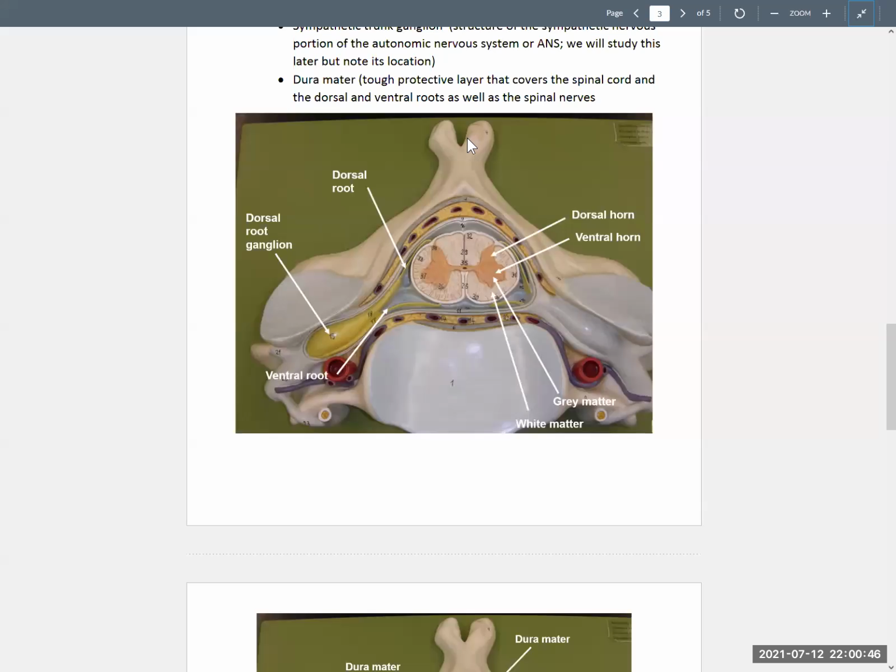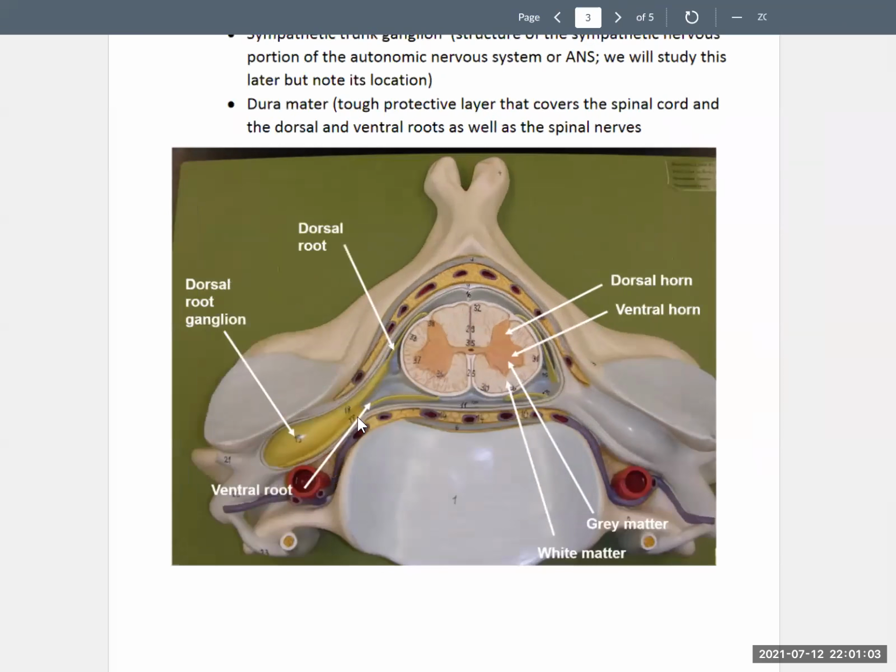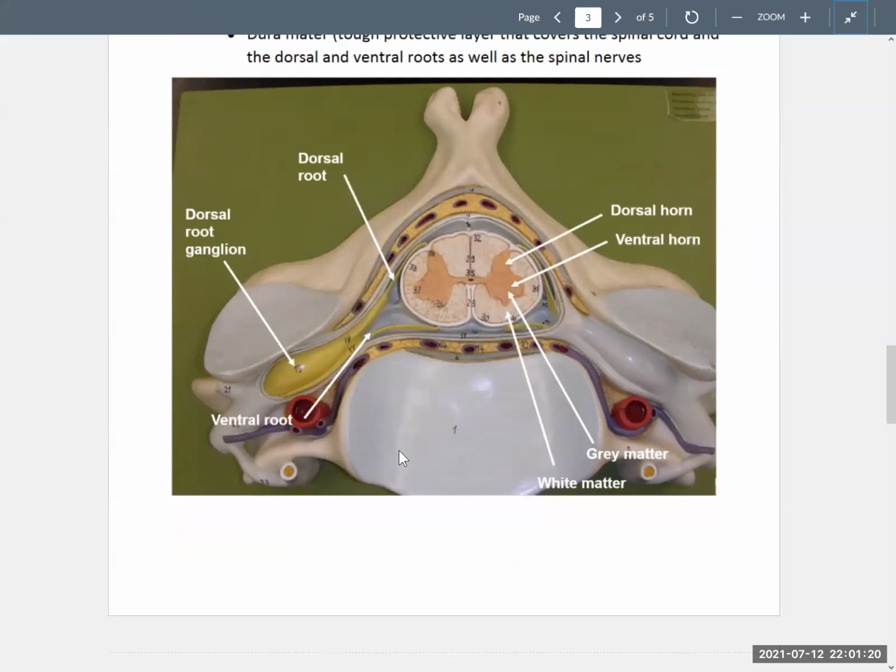And cervical vertebrae are the only ones that have the transverse foramen. Now, there's a hole here, but it's being filled by vessels that are going through. We don't have this on thoracic vertebrae. We only have it on the cervical vertebrae, if you remember those transverse foramina that we looked at. Okay.